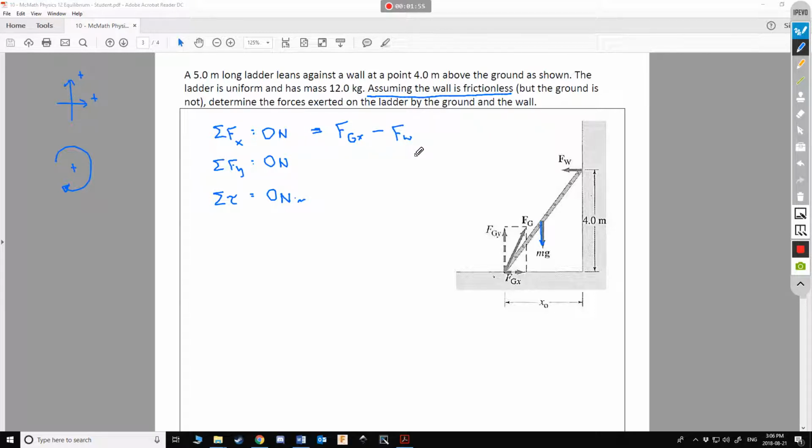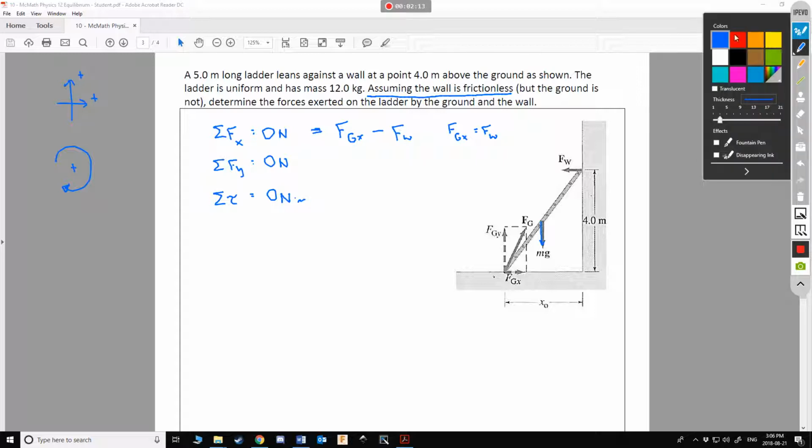So our first equation: Fgx minus Fw is equal to 0. When we simplify this, Fgx is equal to Fw in magnitude.